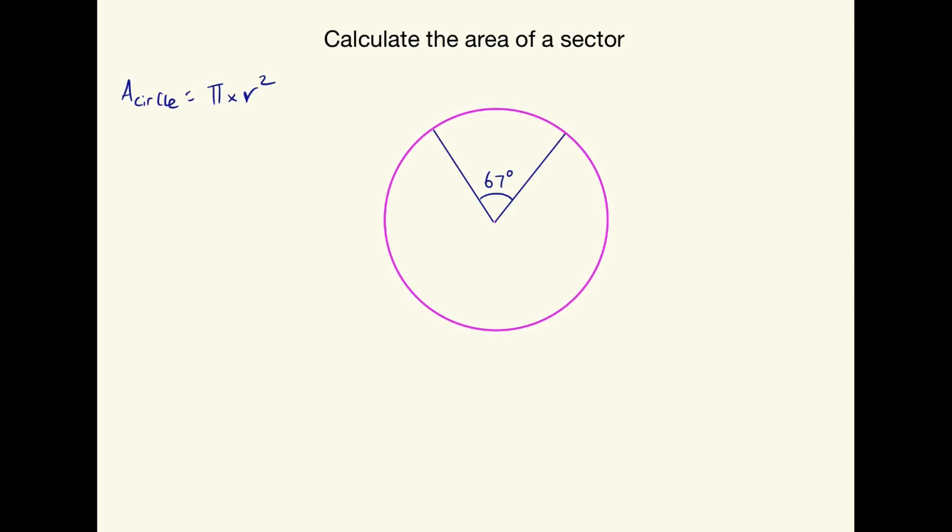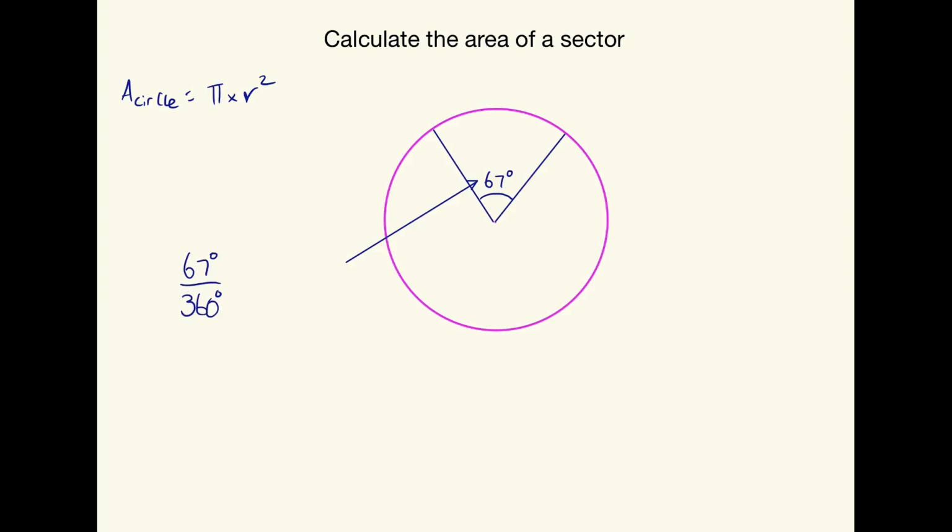So if that was 67 degrees, how would you write that as a fraction of the total piece of the circle? Well, what we could do, and let's use some working out outside of our circle, is write 67 degrees out of, well, how many total degrees are there in our circle? Well, there are 360 degrees.